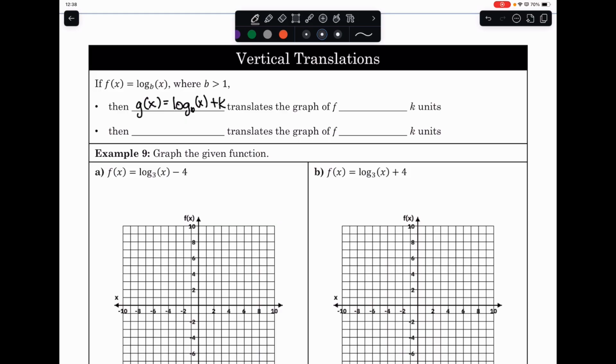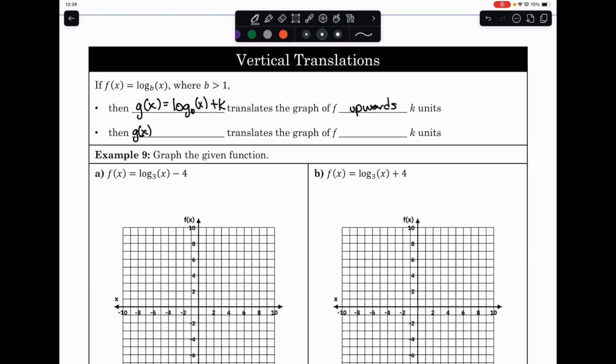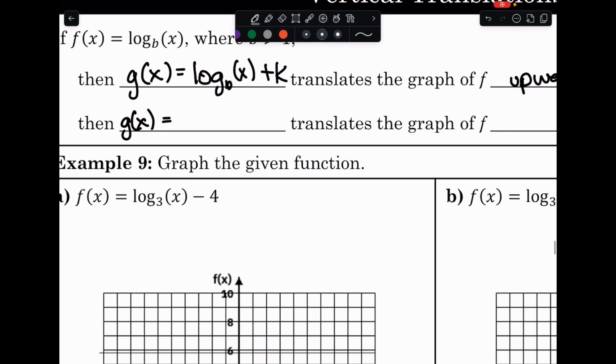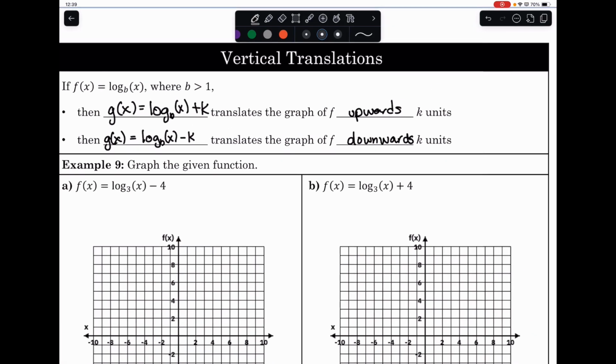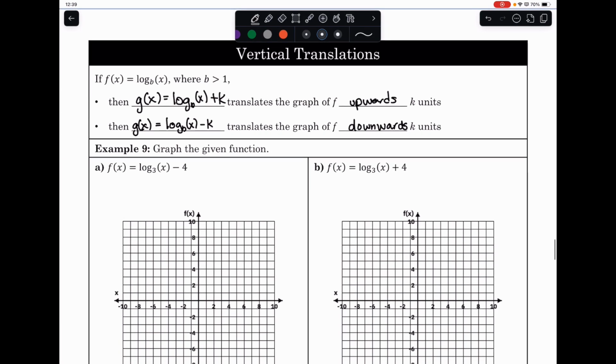Then adding k is going to move the graph upwards k units. Now if I subtract it, then it's simply going to move the graph in the opposite direction and move it down k units. So this is the notation to do a vertical translation.